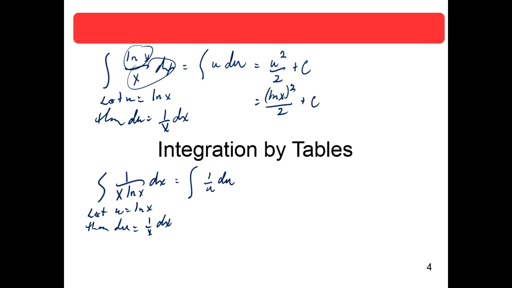So this is your u, and this part is your du, so it's 1 over u du. Okay? Now, what would that come out being? Any ideas?